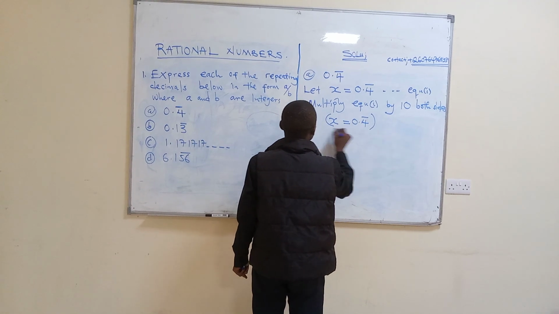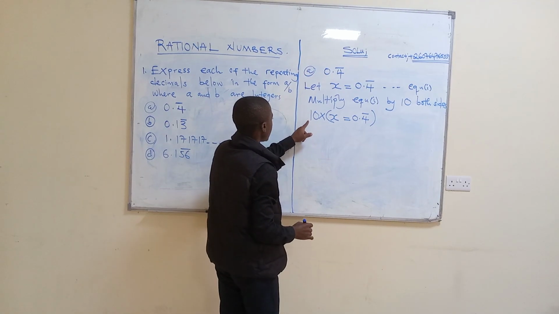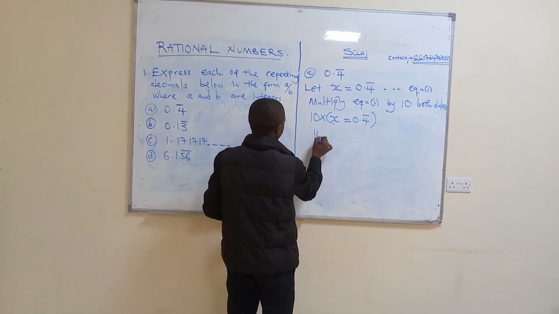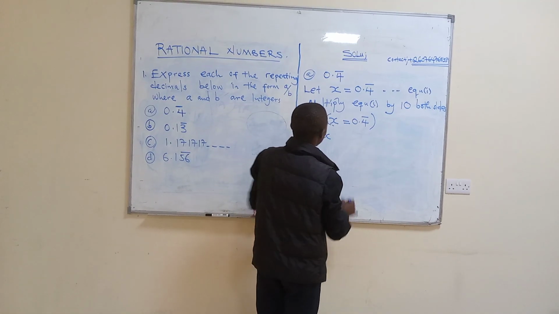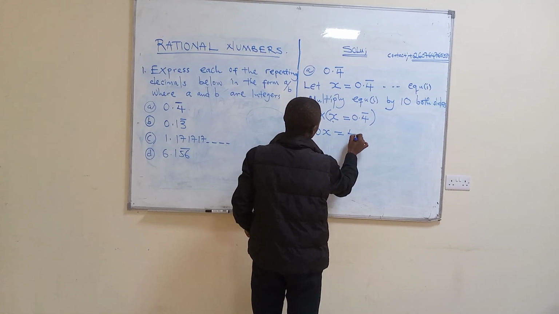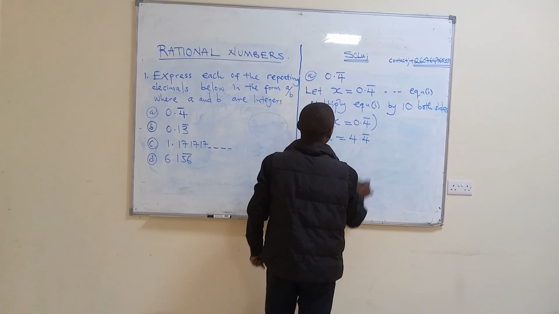I should multiply it by 10. So when I multiply 10 times x, that is 10x. 10 times 0.4 with a bar, I'm going to get 4.4 with a bar.